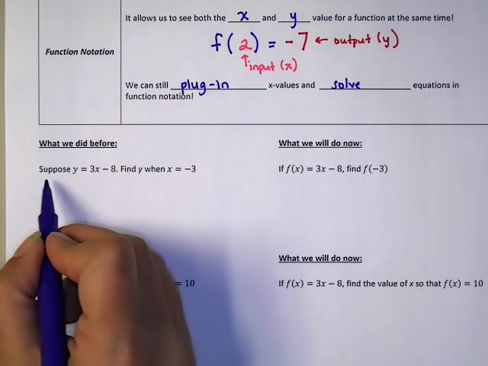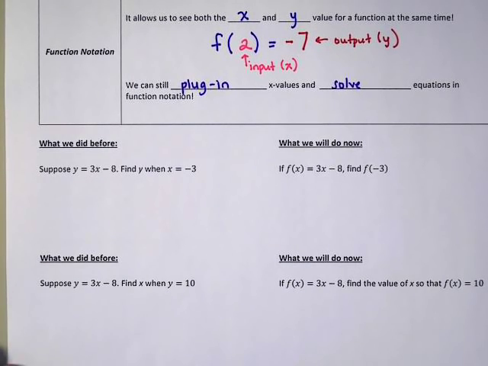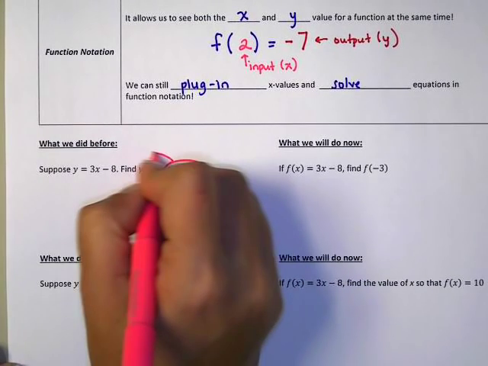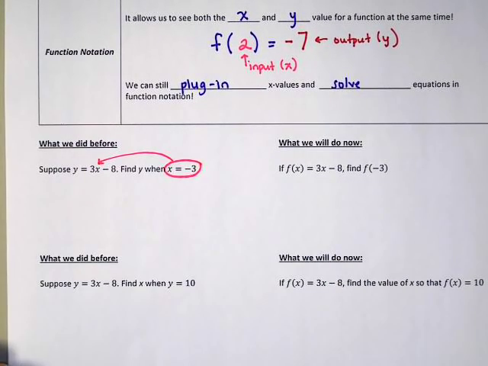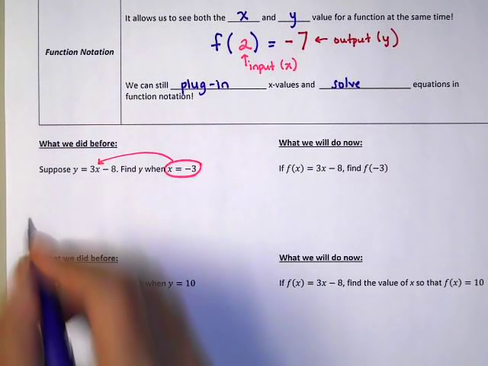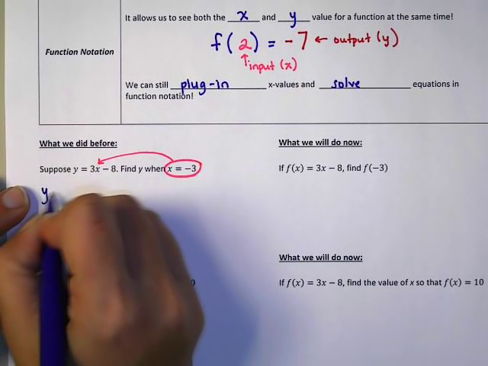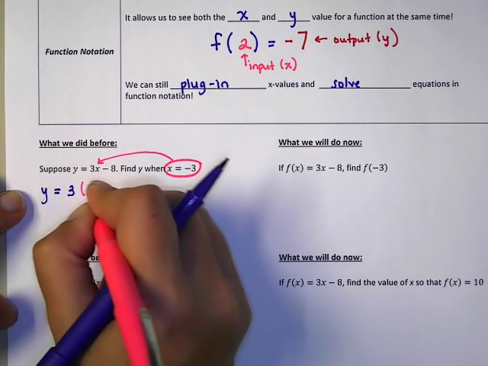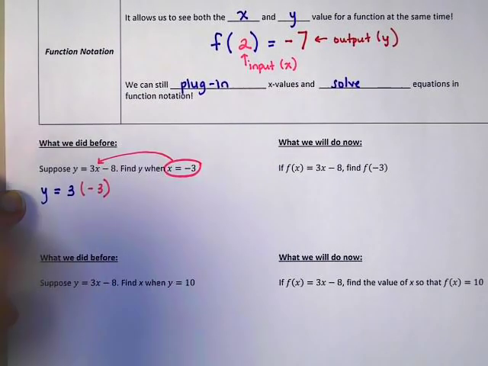If I had said, suppose y equals 3x minus 8, and it said find y when x is negative 3, then what we've always done is take that value and plug it into the equation instead of the x.